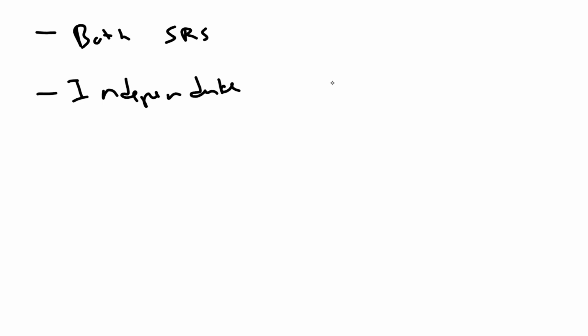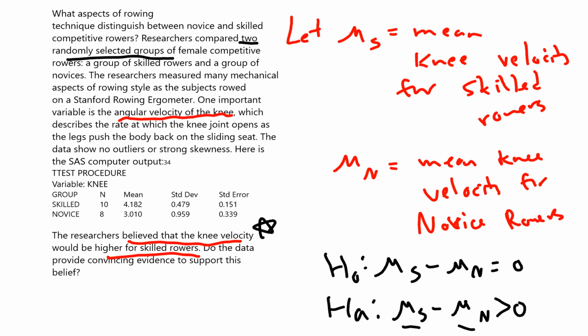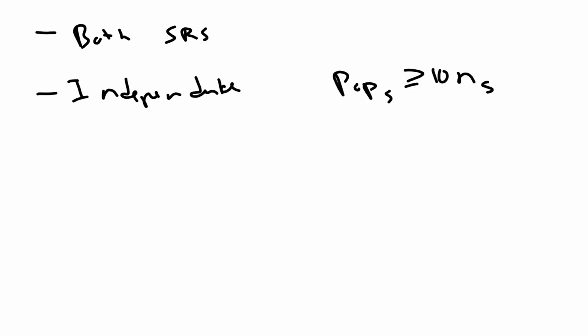And to do that, you have to check that the population of all skilled rowers is greater or equal to 10 times the sample size of the skilled rowers. Now, there is no way to check that here, but we'll have to make this an assumption then. We'll notice here, the skilled rowers, there was 10 of them in the group. So this is equal to 10 times 10 or 100. So I'm just going to check that off or assume that that's true.